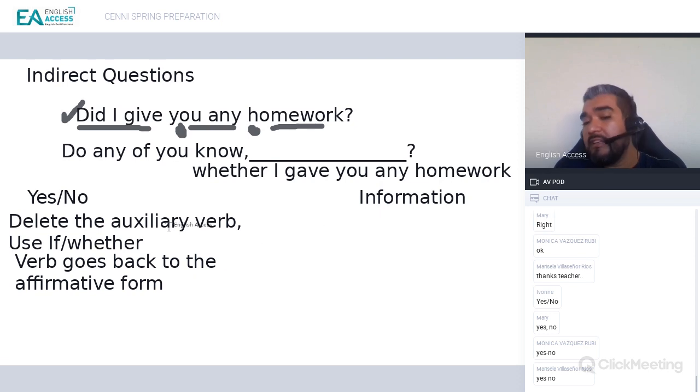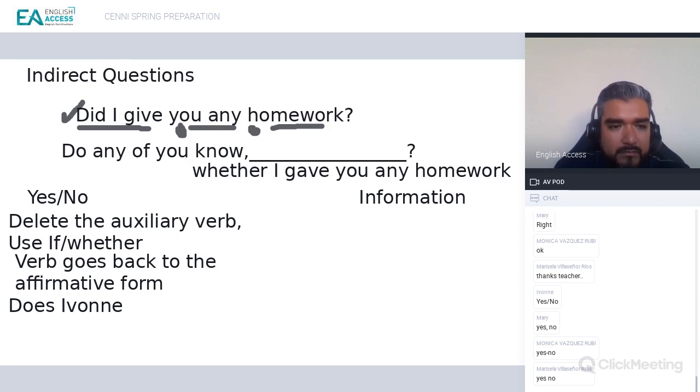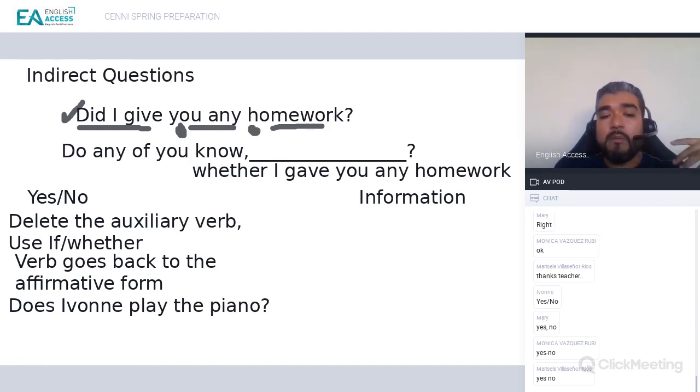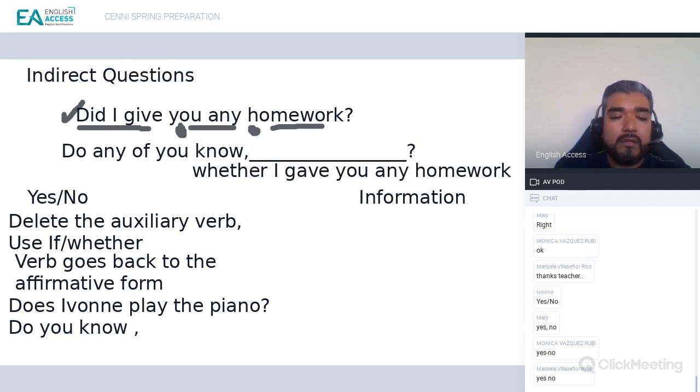Of course, if the question is different, for example, let's say the question is, does Yvonne play the piano? I'm going to write it here. Does Yvonne play the piano? Right? And I want to ask it indirectly. I said, do you know? Who can help me?